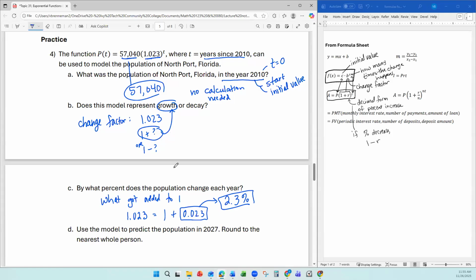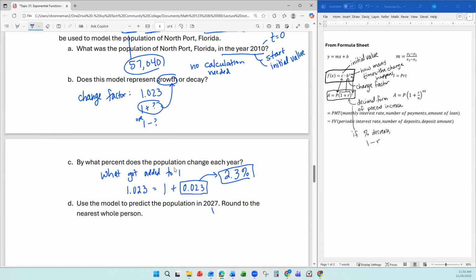All right, then use the model to predict the population in 2027. We need to know what t is. So t, looking at t years since 2010. So 2027 is how many years since 2010?